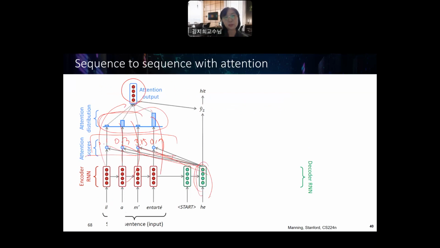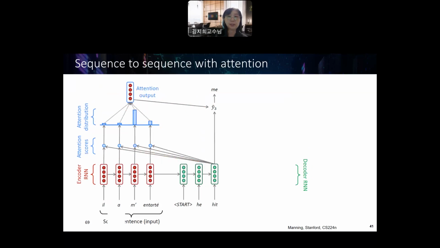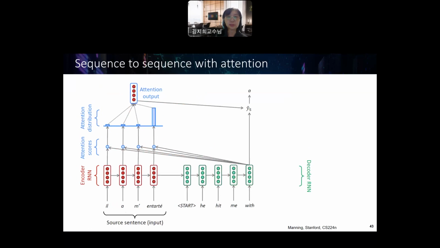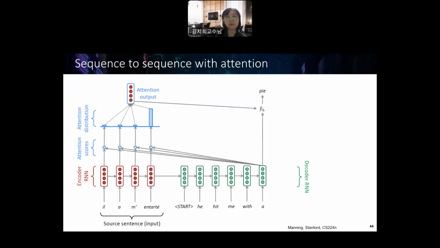We'll concatenate this with this and create an output. It goes on to the next and next until we hit the end of the sentence. So "Il m'a tapé" will be mapped to "he hit me with a pie" or something.